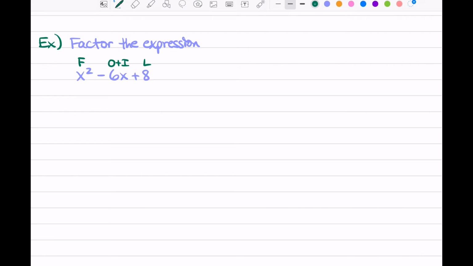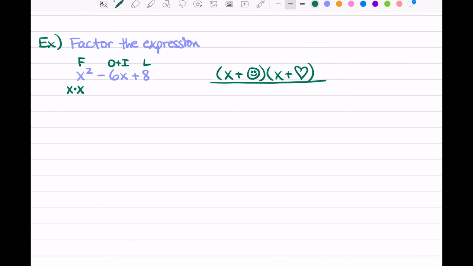So when we're trying to factor this, we know that our x squared comes from two things multiplied together. Again, that's probably going to be the easiest. We know it's going to be x times x. So we're going to have something that again looks like x plus smiley face times x plus heart. And our smiley face and heart come from our last piece, our 8 here.